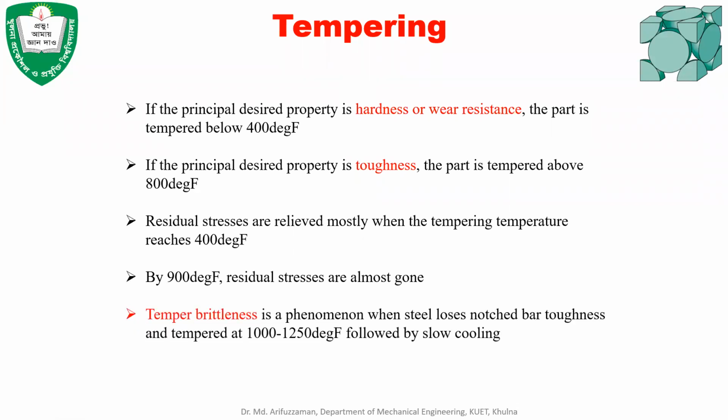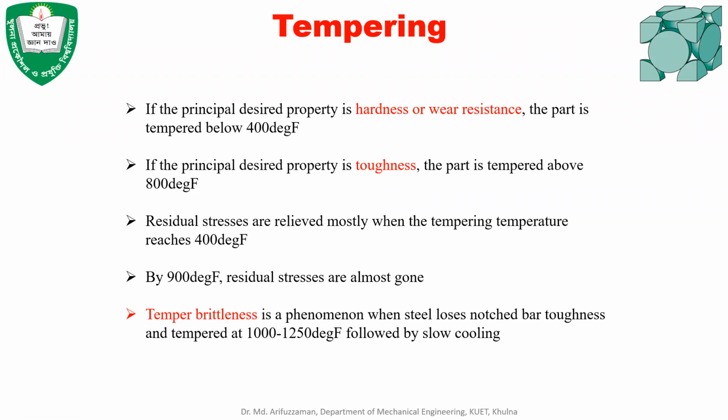And then there is another property which is called temper brittleness. It is a phenomenon when steel loses notch bar toughness when tempered at 1000 to 1250°F, followed by slow cooling. If you do the slow cooling, it still actually loses the toughness. That means there is a sudden decrease in the toughness, and it becomes brittle.